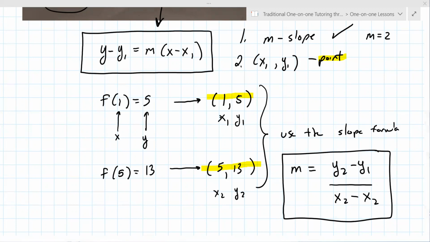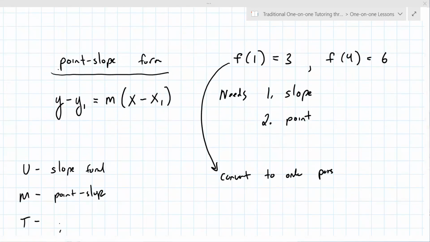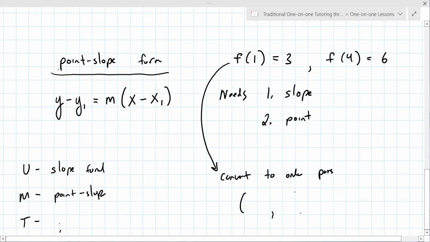We used x and y and put the 1 and 3 together into pairs. So is it clear that the number that was in parentheses is the x and the other number is the y? Yeah, that is clear. Okay. So I want the ordered pair for f of 1 equals 3. What is that ordered pair? 1, 3. Same thing for this next one. What's the ordered pair? 4, 6.